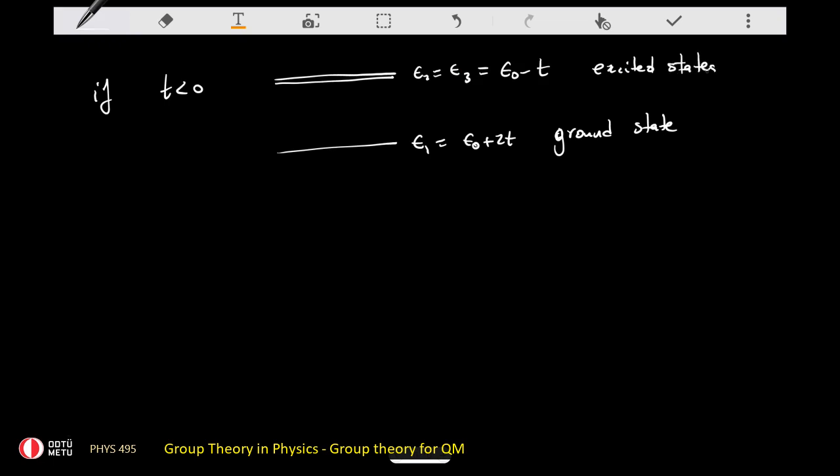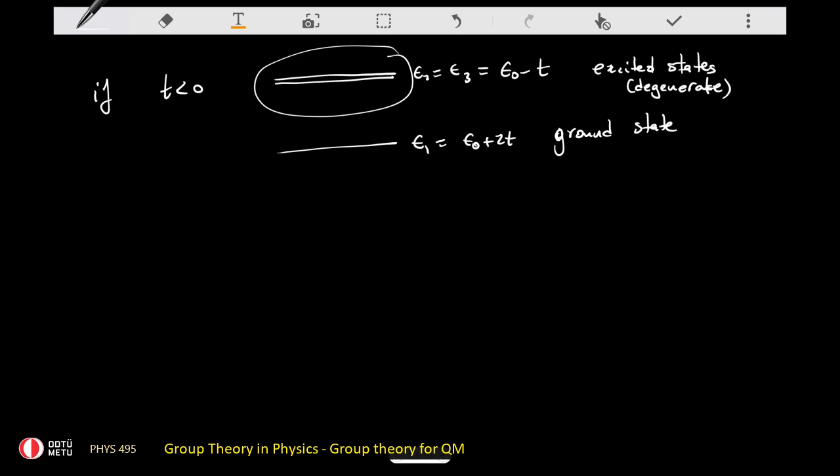These two levels are degenerate. So there's a degeneracy in here, and the degeneracy is twofold. This degeneracy directly comes from the symmetry argument, actually. Why twofold? Because the symmetry group has a two-dimensional representation.